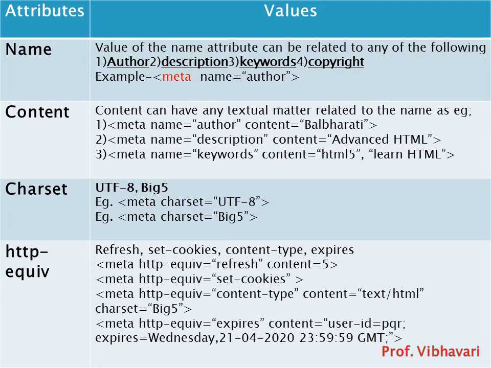The character set equal to UTF-8 is only applicable for the Indian alphabets. And when we write the meta charset equal to Big5, it is required to give the input entries or additional information for the Chinese alphabets.